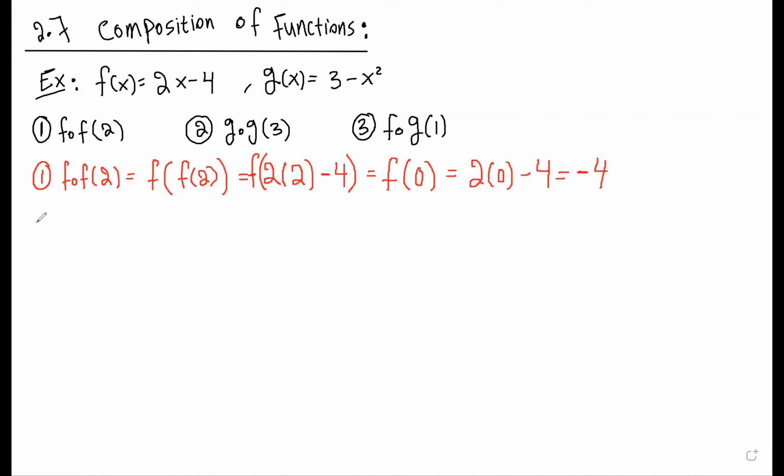So for the second one, same idea. G circle g of 3. When you plug the 3 inside the g function, I get 3 minus 3 squared, and 3 squared is 9.